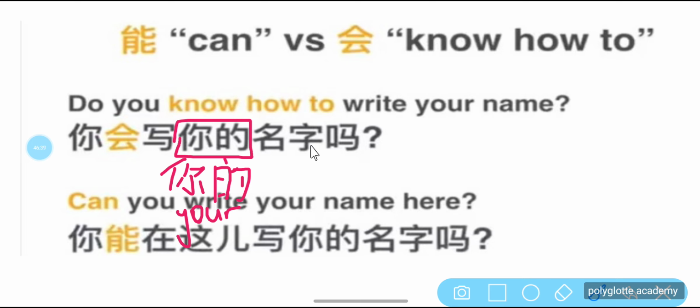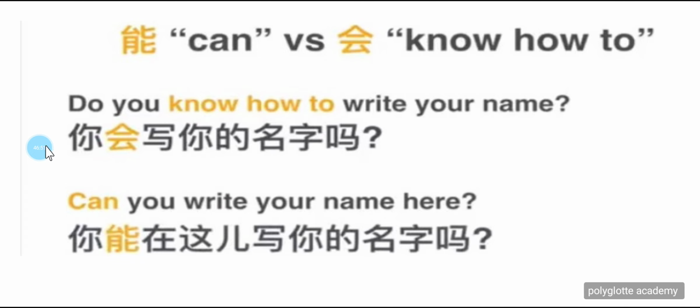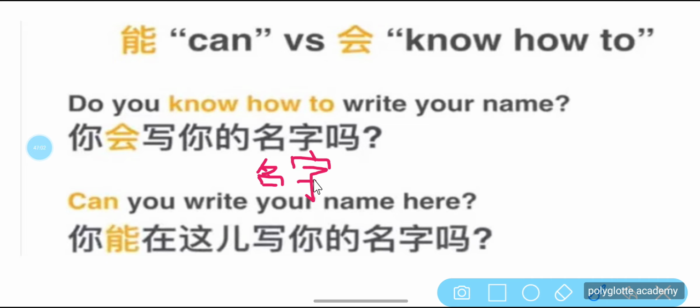So we have 名字. We can have this character, and this character here means name, 名字. 你叫什么名字?